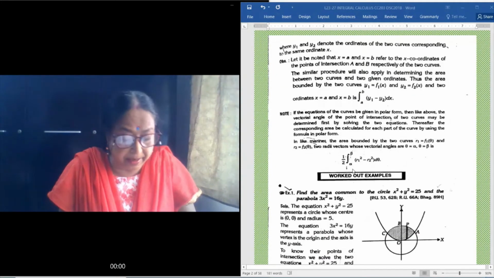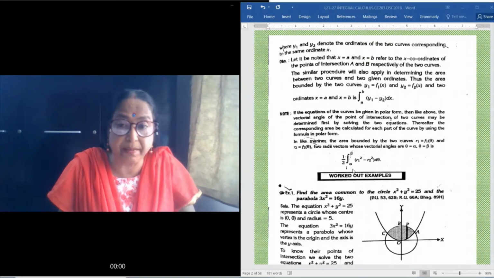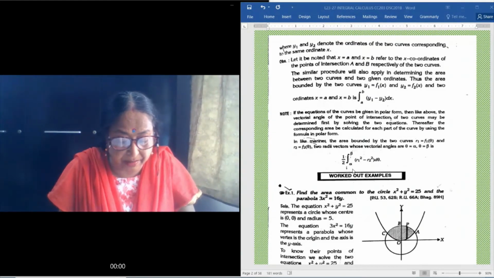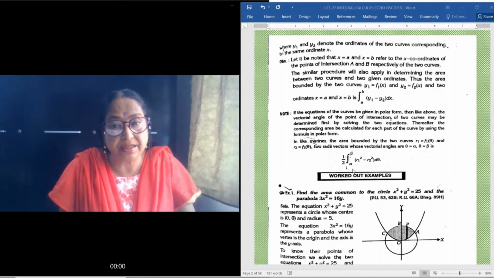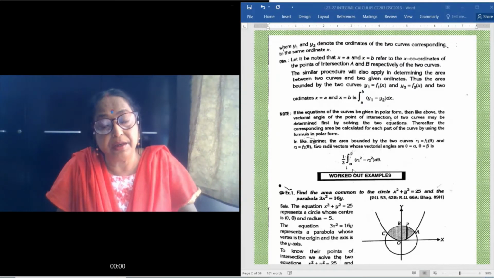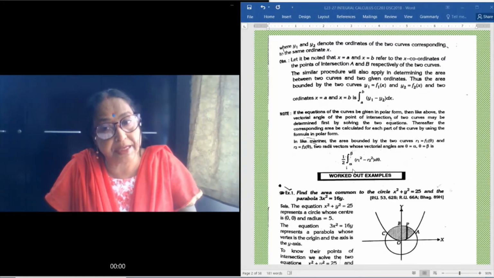Find the area common to the circle x squared plus y squared = 25 and the parabola 3x squared = 16y. At first you are to draw the curves, as you studied in curve tracing.